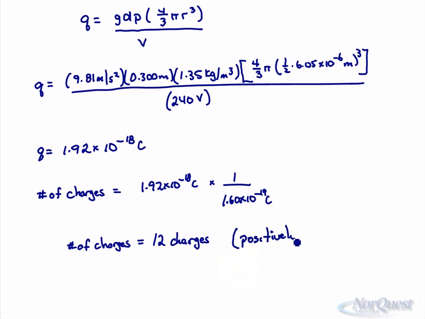Doesn't ask us to say that, but it's just for us to make sure that we understand the question. This would have had to have lost 12 electrons to be positively charged, and then would have experienced this scenario for this question. It was positively charged to have that attraction to the top plate.